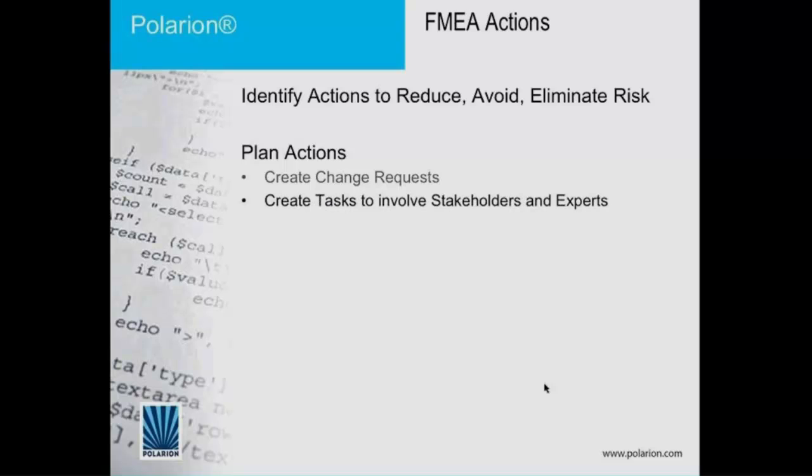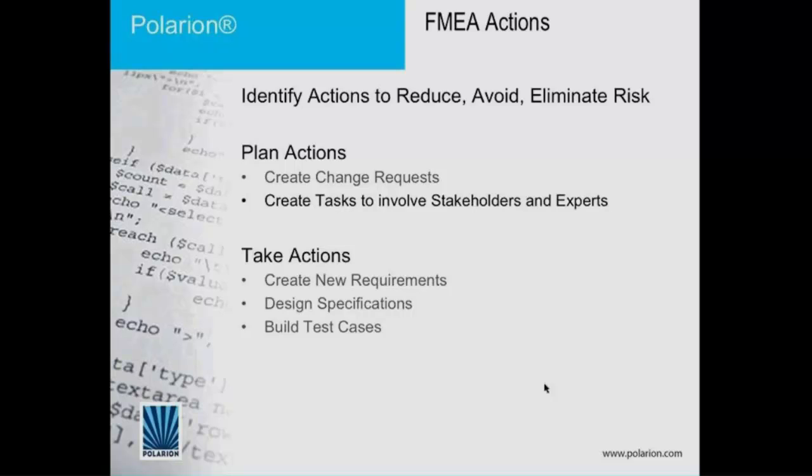Perhaps we will create tasks to involve other stakeholders and experts to be able to give us guidance. Then we take actions. These actions might be creating new requirements for the current or future product releases, making modifications to design specifications so that certain areas of risks are entirely eliminated, and then perhaps also building the type of test cases to verify that the risk has been mitigated in our future product.